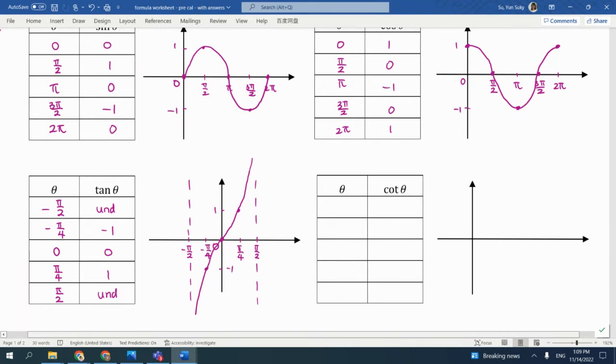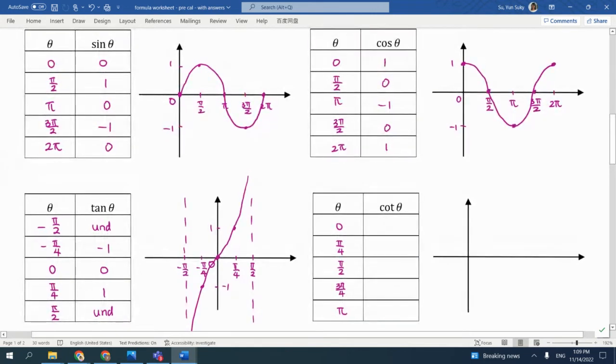Cotangent also has 5 important points. They are 0, pi over 4, pi over 2, 3 pi over 4, and pi. By the way, for sine, what's the period? 2 pi.